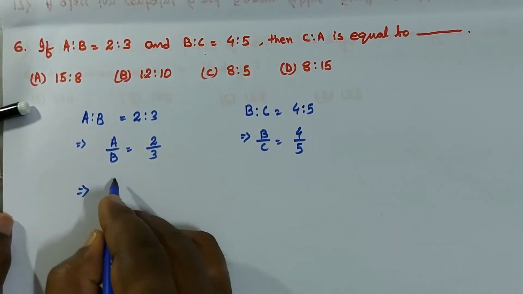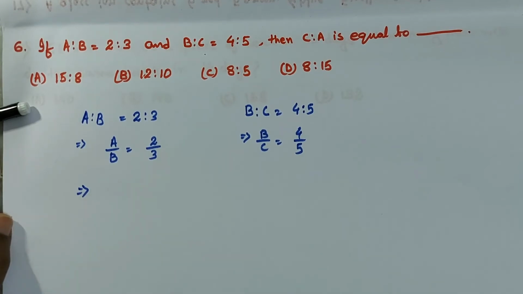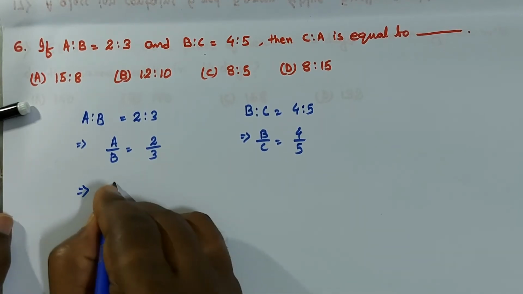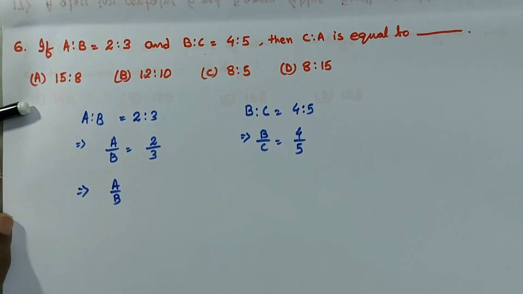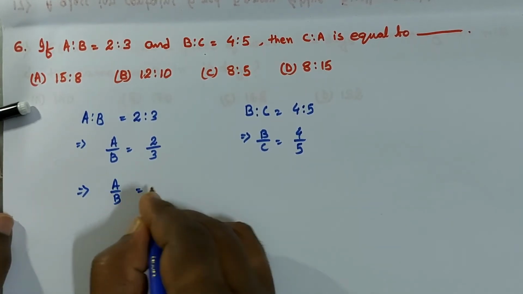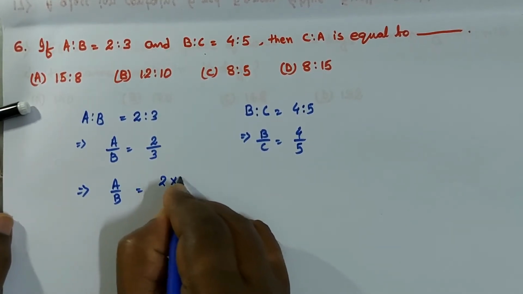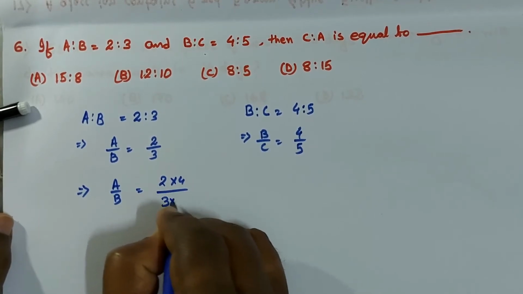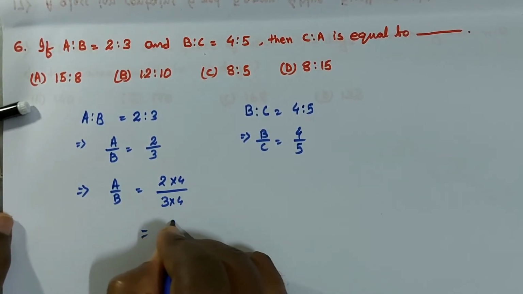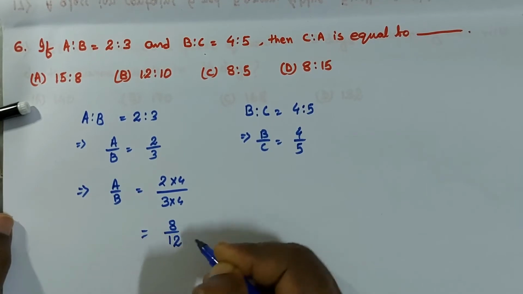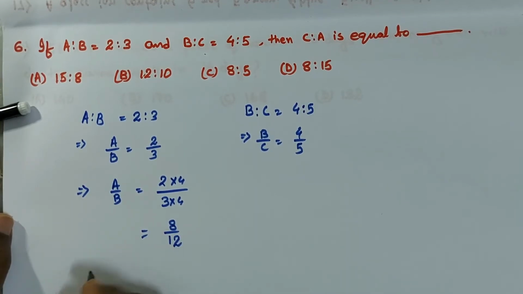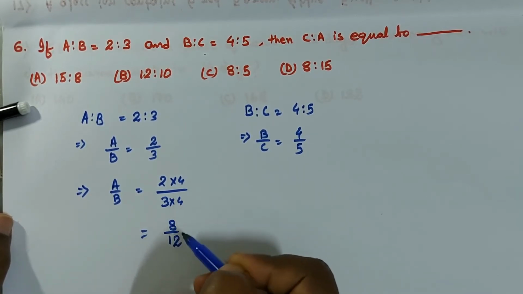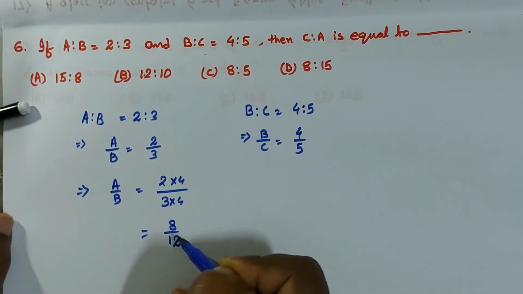So A by B equals 2 into 4 by 3 into 4. This result is 8 by 12. Why have we done this? To equalize the value of B.